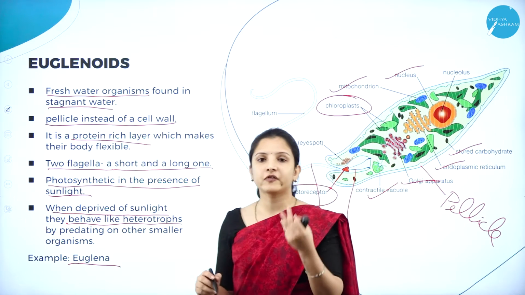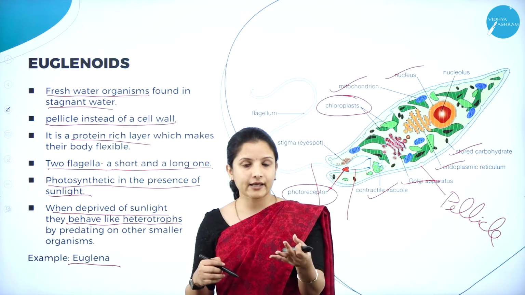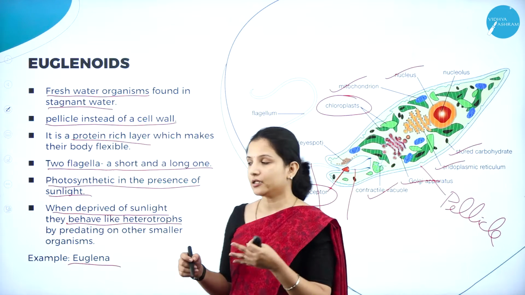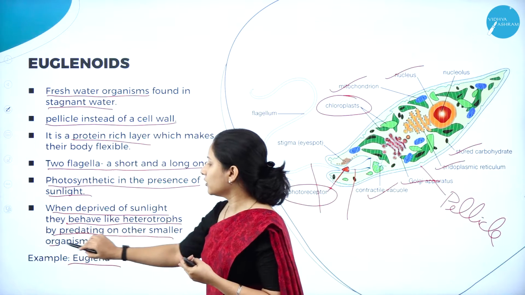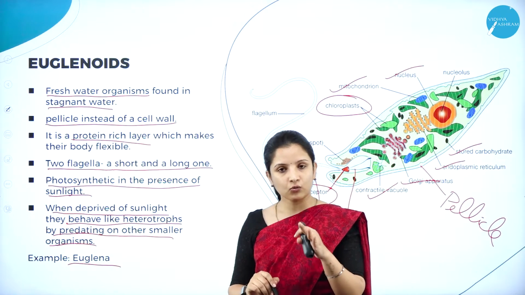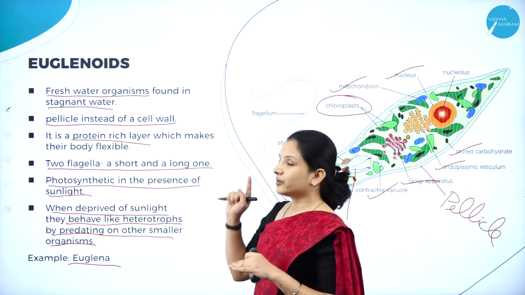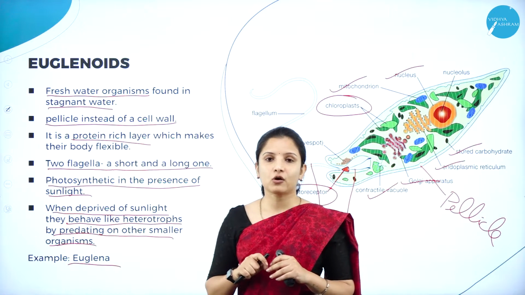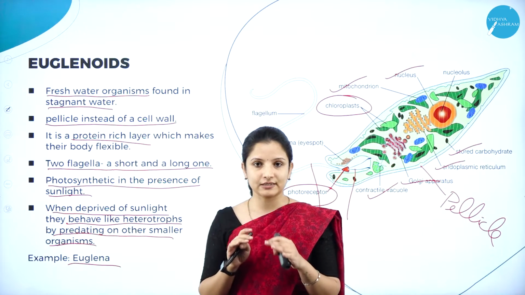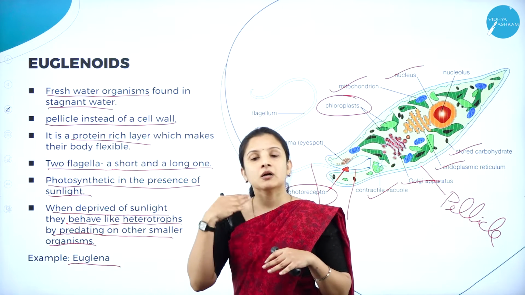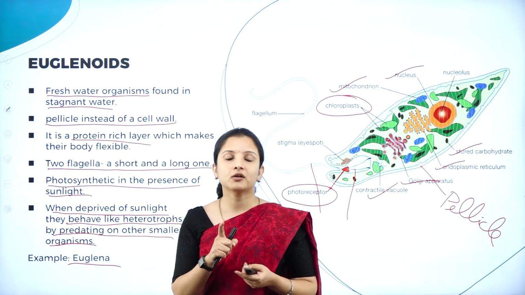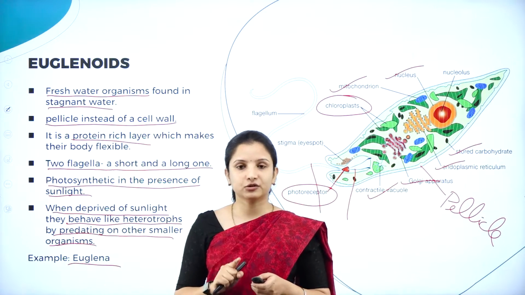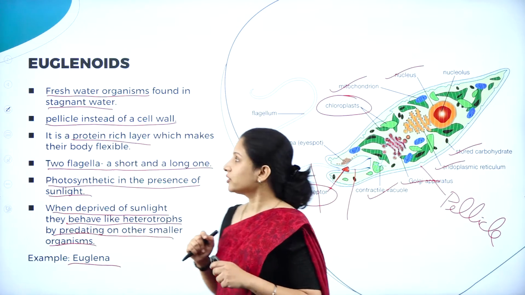That is, they start feeding on other smaller organisms present in the stagnant water. Therefore, one of the best characteristics of euglenoids under the kingdom Protista is that they can be autotrophs as well as heterotrophs, depending on the presence and absence of sunlight. So this is about euglenoids.